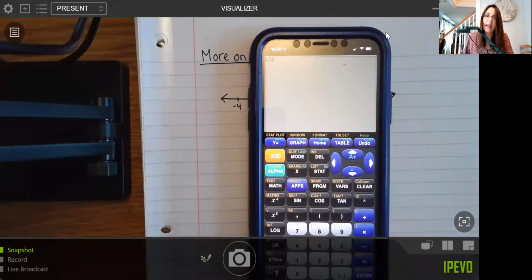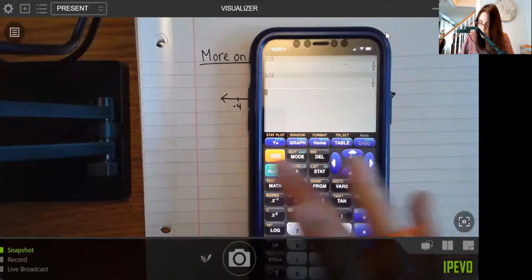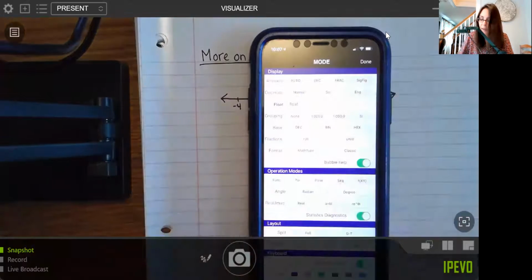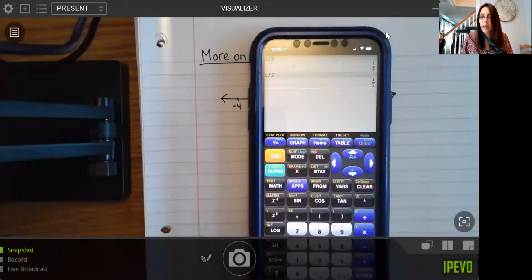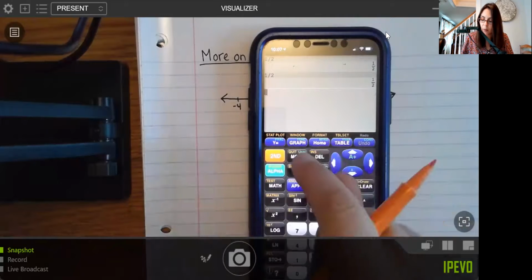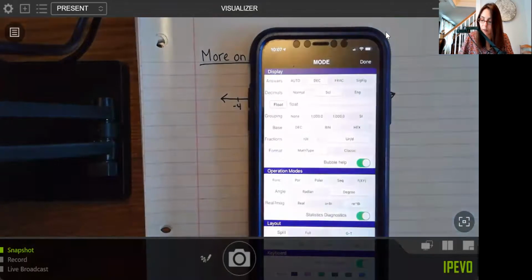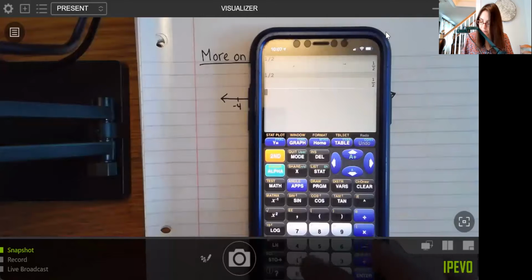And hit enter, and it should, oh, hang on, I have to change my mode here. I have an app for the TI-83/84 calculator series. So if you're getting an answer not in the form that you want, if you hit the mode button, you can actually specify. So I can specify I want my answer as decimal, for instance, instead. And it will give it to me that way.